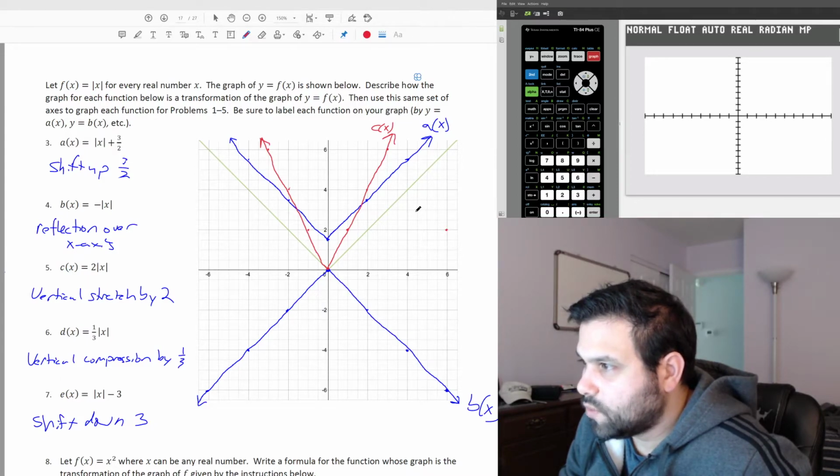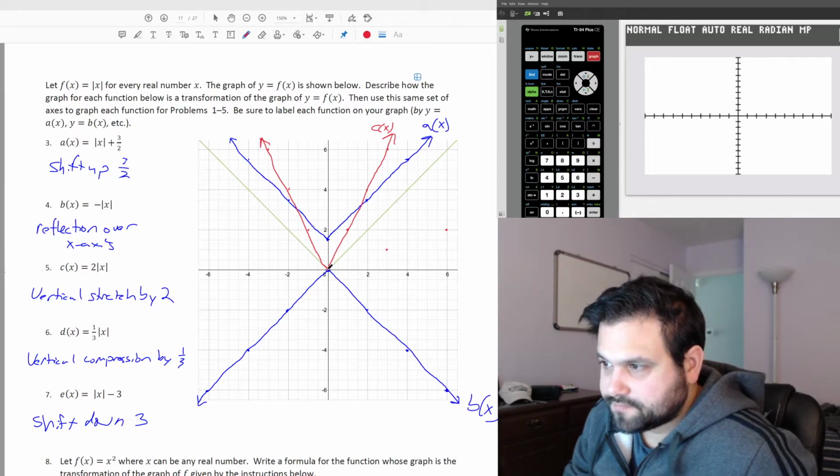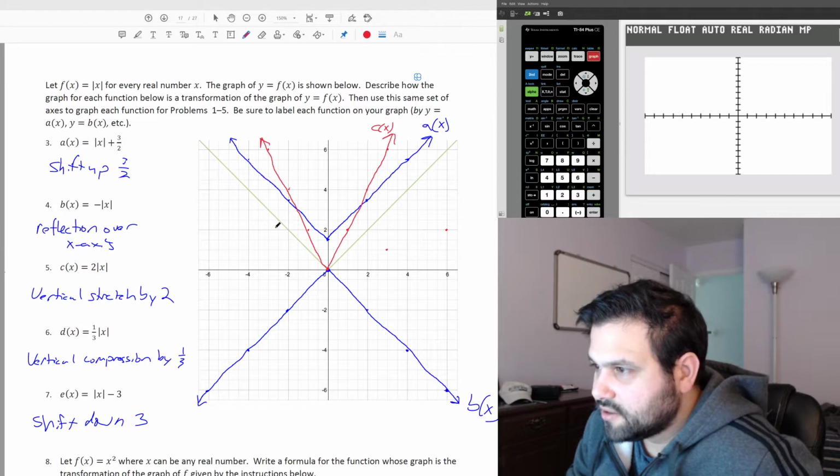This y value here of 3 will go down to 1. 0 will stay at 0. And again, 3, where's 3? There's 3, goes down to 1. And 6 goes down to 2.